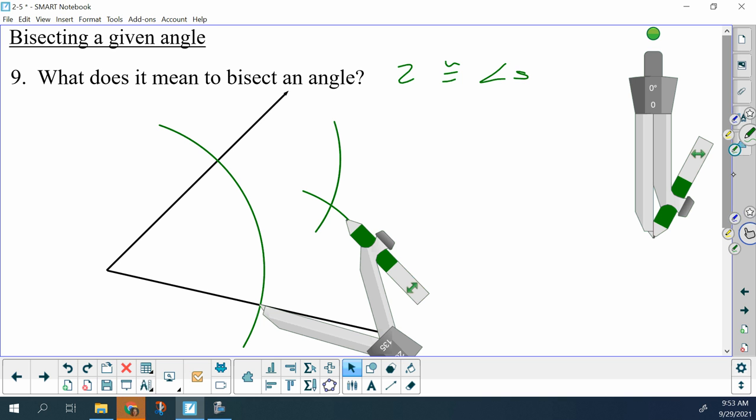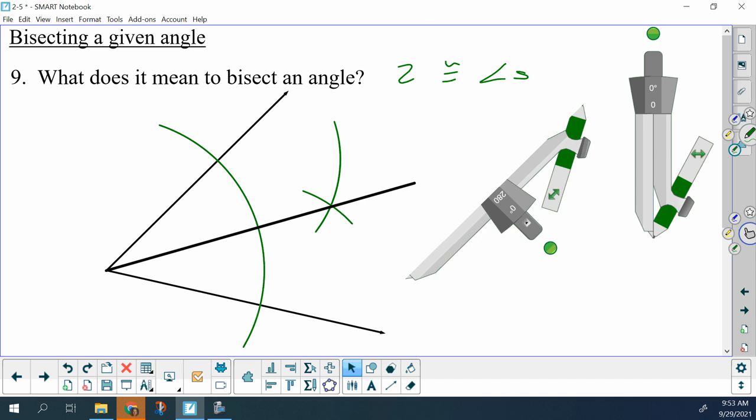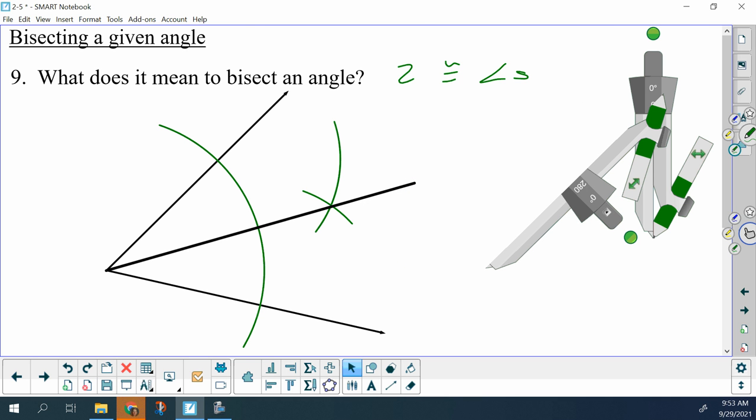See how Jamie did inside too? Why don't I have to though? Where is the other side I'm going to go through? The vertex. And now I've got two congruent angles.